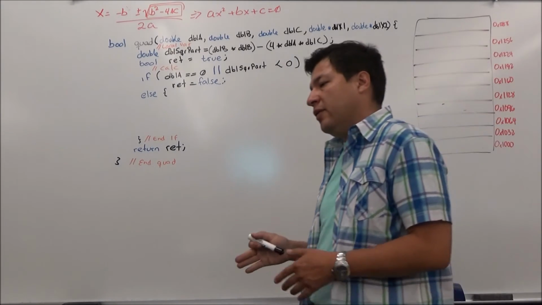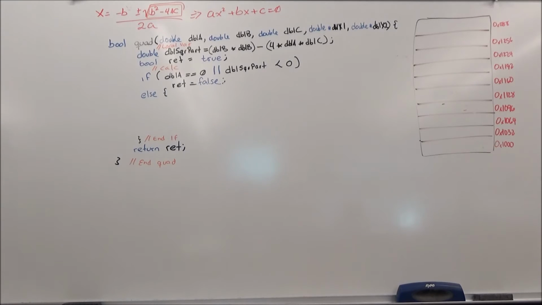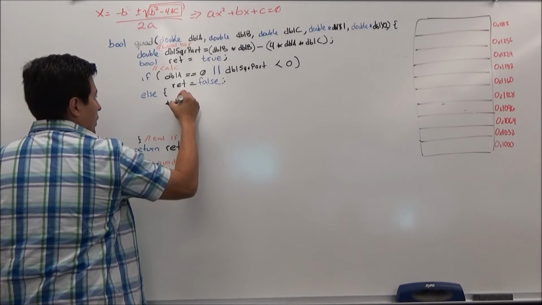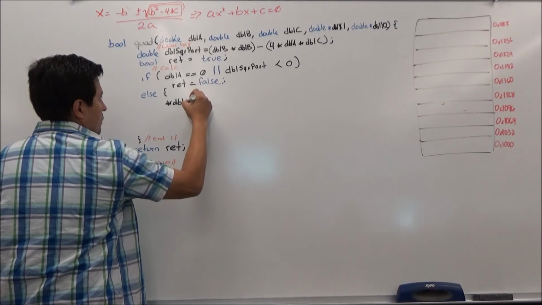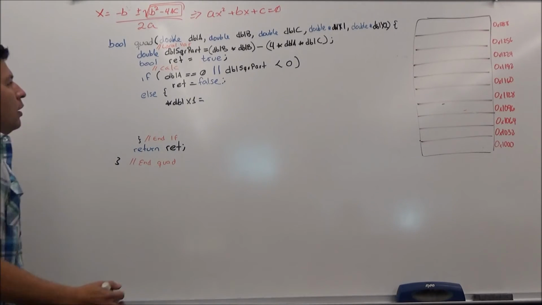But because they're pointers, and I'm not going to assign them an address, I'm going to assign them a value, I must use it like this. And then it doesn't matter which one you pick.